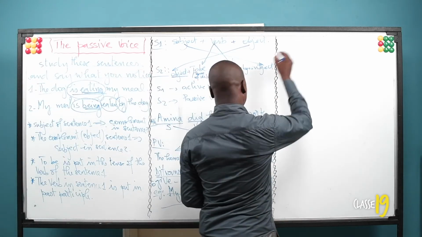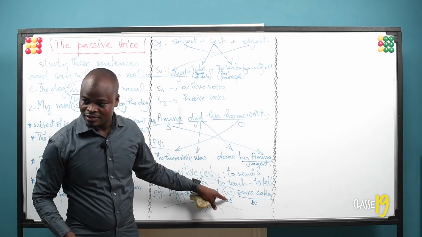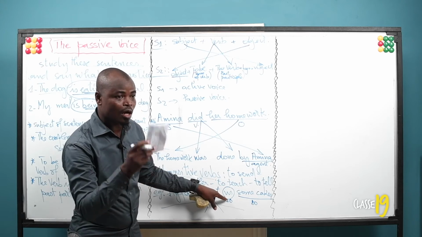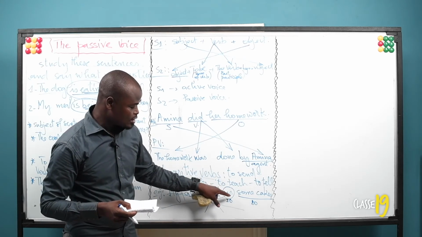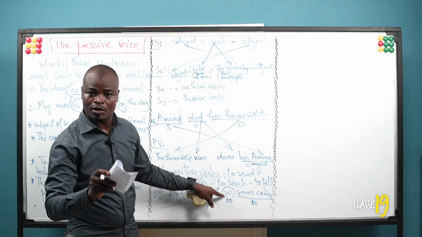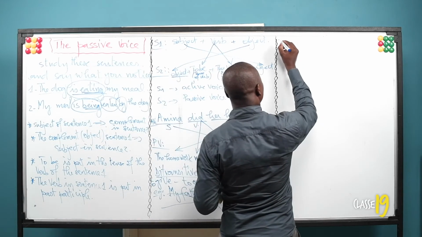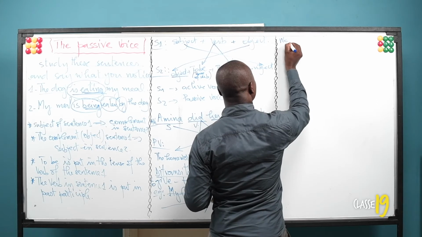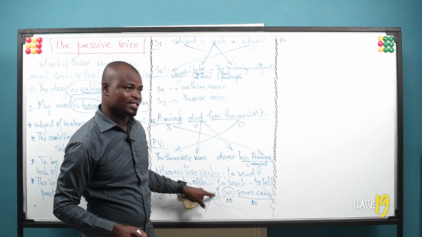So we have, here, a personal pronoun object. If the personal pronoun object becomes a subject, us, which is the personal pronoun object, when it becomes subject, it becomes we. Very good. So we have we, and the verb sent. It is in simple past.